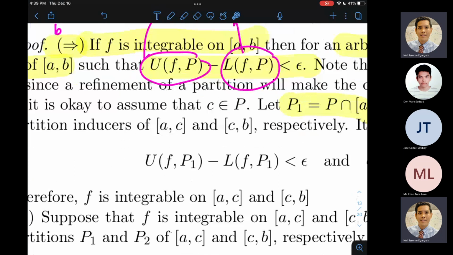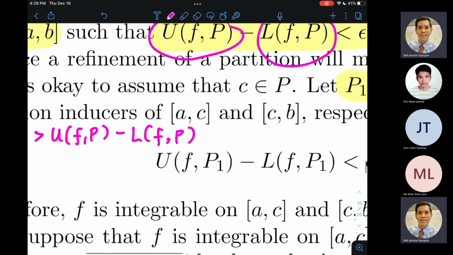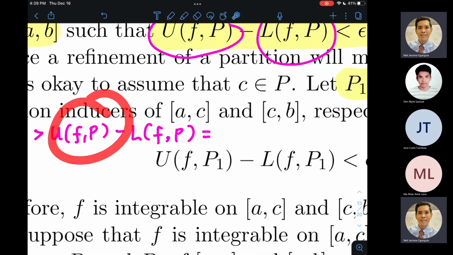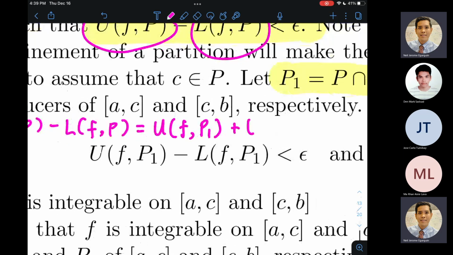Ang alam natin ay ito. From the assumption, okay? So we know that epsilon is larger than U(F,P) minus L(F,P). Pero ngayon, alam natin na si P ay kaya nating paghiwalayin sa dalawang sets P1 and P2. So it is easy to see that the upper Riemann sum of F with respect to the partition inducer P can be written as the upper Riemann sum of F relative to the partition inducer P1 plus the upper sum of F relative to the partition inducer P2.